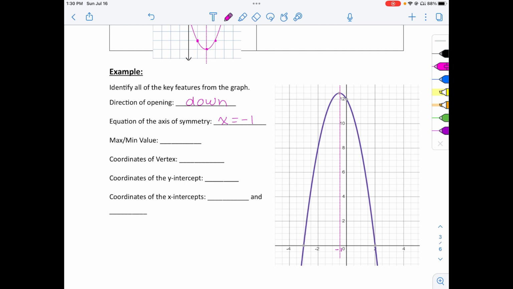The max or min value, it's going to be a max value, right? Because it's opening down, and we can see that there's a high point on the curve. And that is when, if this is going up by, oh, it's not going up by 1, just a minute. Okay, so this is going up like this is 1, then 2, 3, 4. I have a few extra lines here, so I want to make sure I get this number correct.